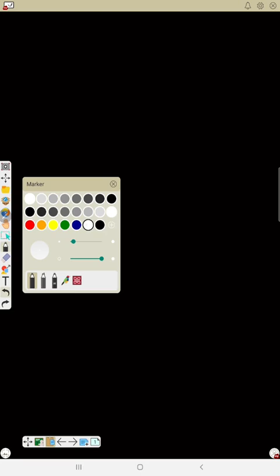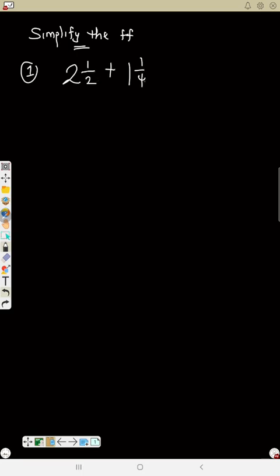Now we are through with addition and subtraction, multiplication and division. So now try all these. Simplify the following. Number 1, 2 number 1 over 2, 1 number 1 over 4, 3 number 2 over 3.